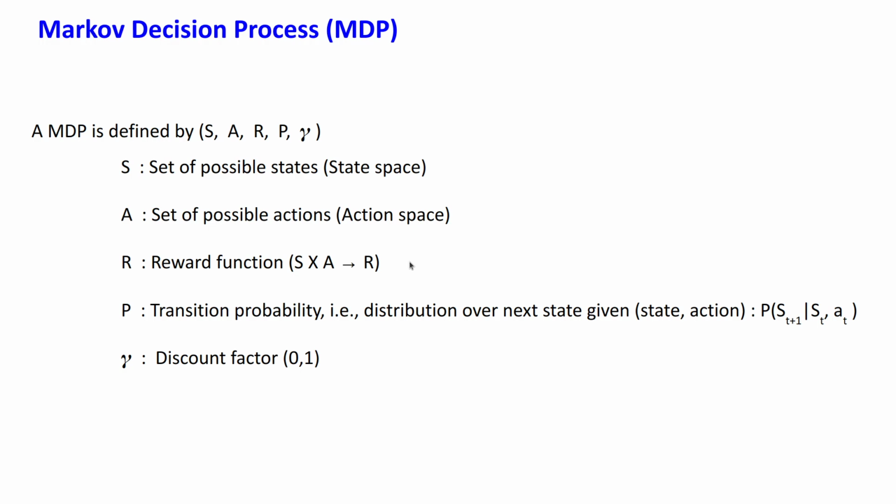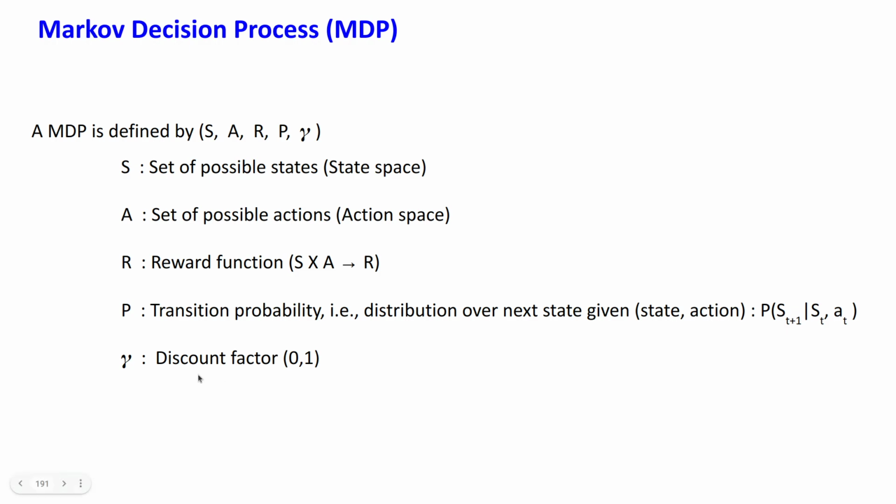Reward would be what you are saying: you understood the concept, you didn't understand the concept, or it's neutral. Transition probability will be what my next state would be given ST and AT. Will I go to slide number 300 or to the next slide? This depends on the current state and the action I have taken.